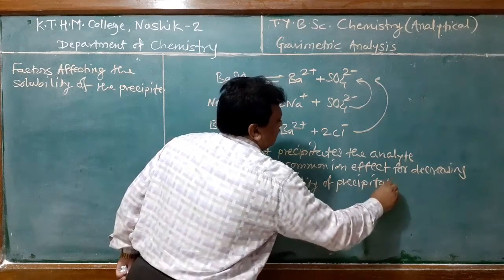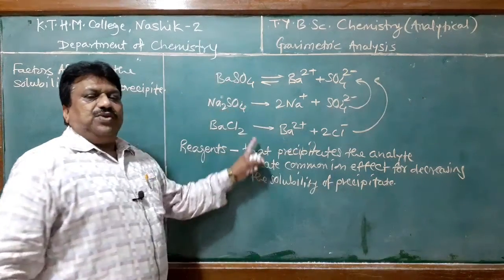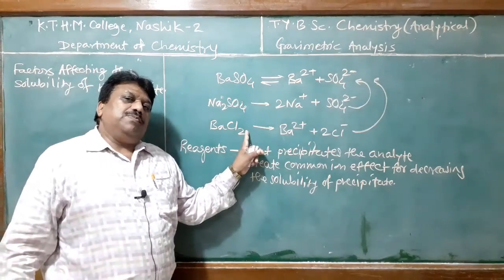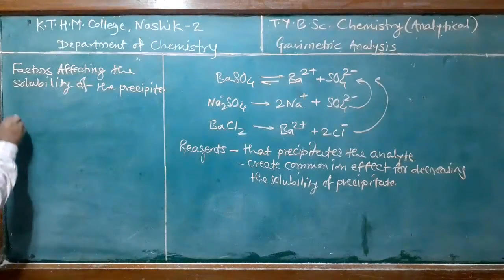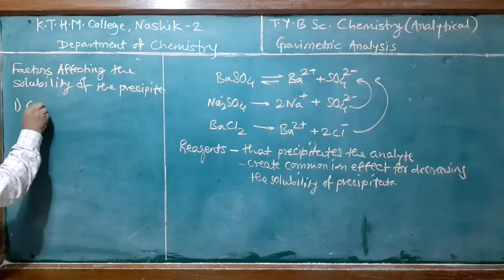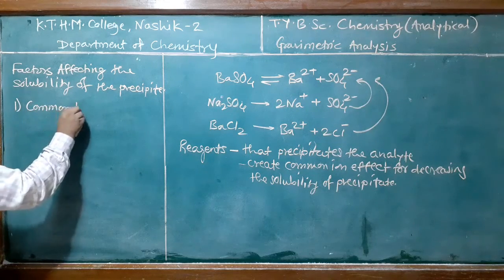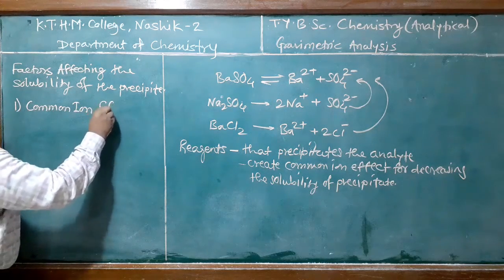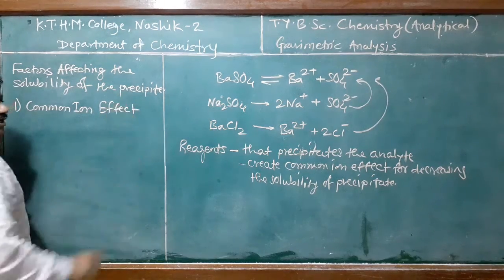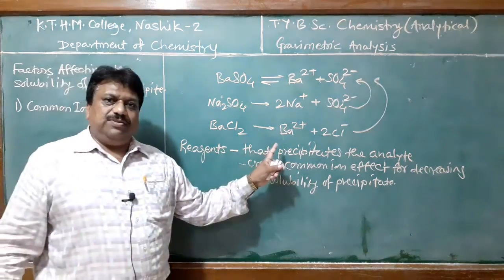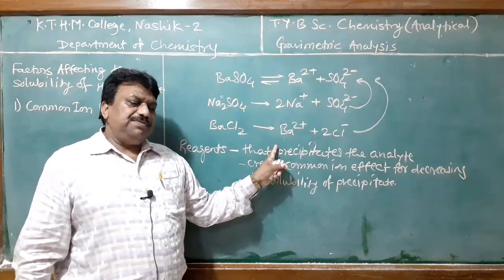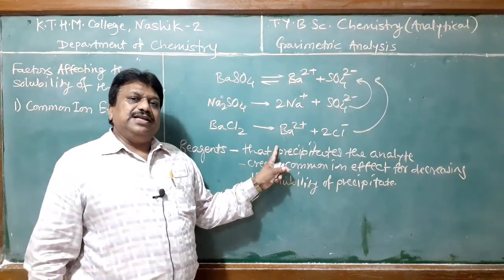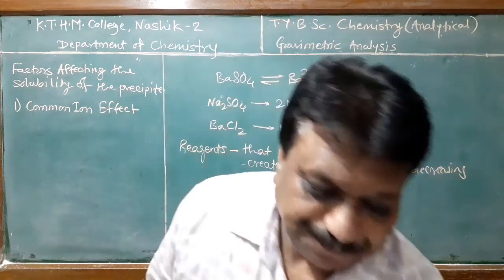Therefore, the first factor that affects the solubility of a precipitate is the common ion effect, and the common ion effect plays an important role in decreasing the solubility of the precipitate, because all precipitates thus formed are sparingly soluble electrolytes.